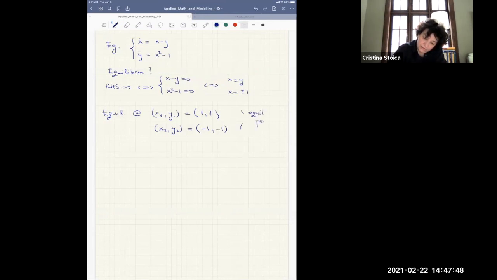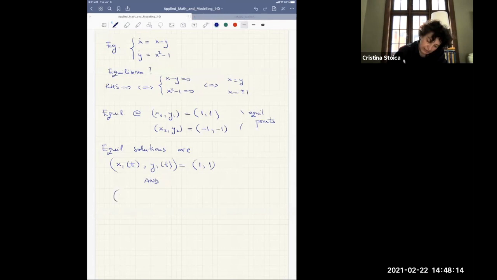Equilibrium points, right? And the equilibrium solutions, if we want to distinguish, are x1 of t, y1 of t equals 1, 1, and x2 of t, y2 of t equals -1, -1 for all t.